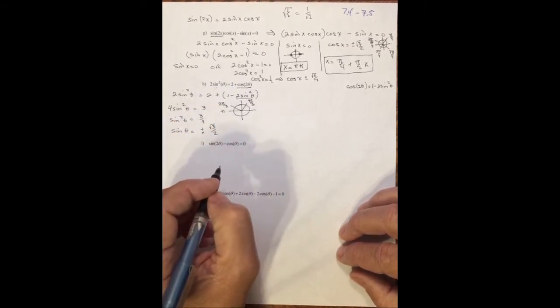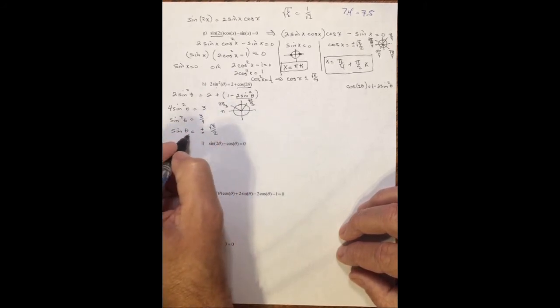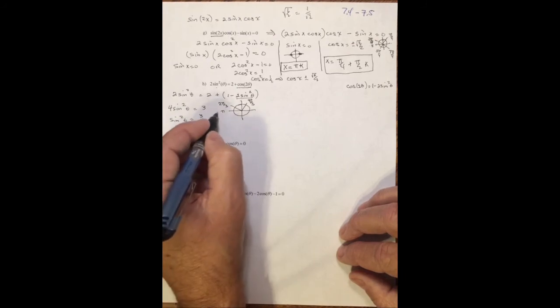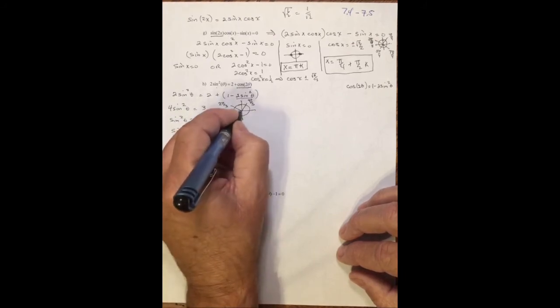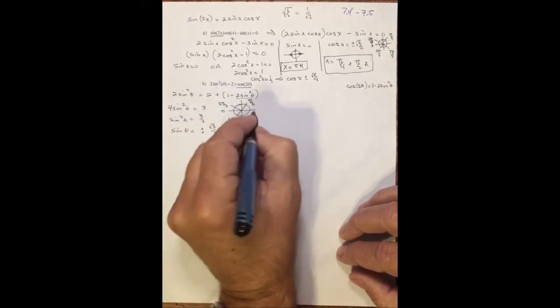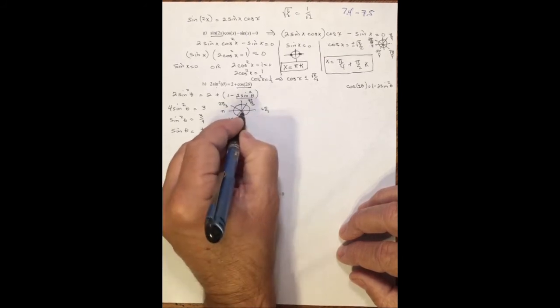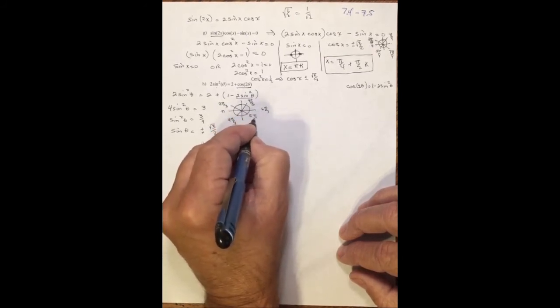Now, for the negative values of sine, here's pi, which is 3 pi over 3, so we want to go to 4 pi over 3. And then over here, this would be 2 pi, which is 6 pi over 3. So if we back up 1, we get 5 pi over 3.